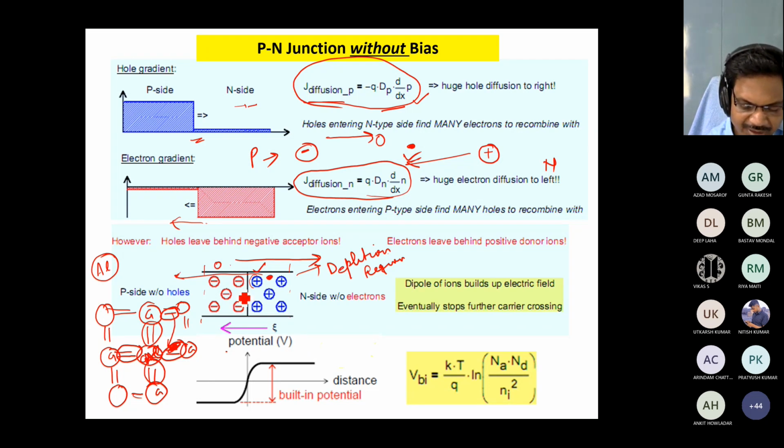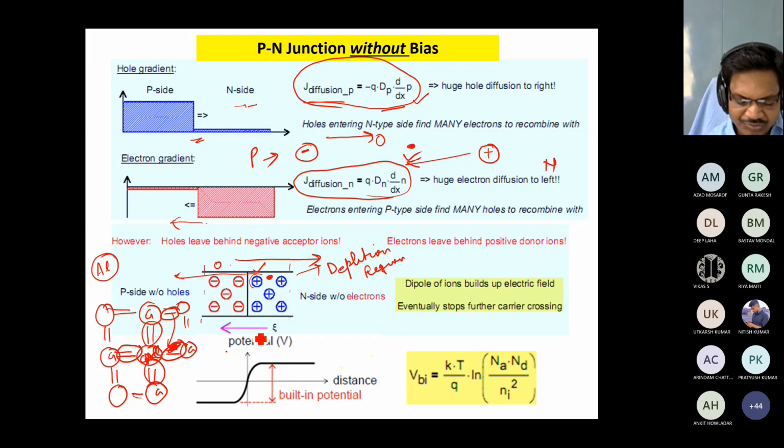And what is that equilibrium condition? A built-in potential will be developed near the junction, surrounding the junction, due to the depletion region, and the electric field due to this built-in potential will be directed in such a way that it will prevent further movement of the electrons and holes.